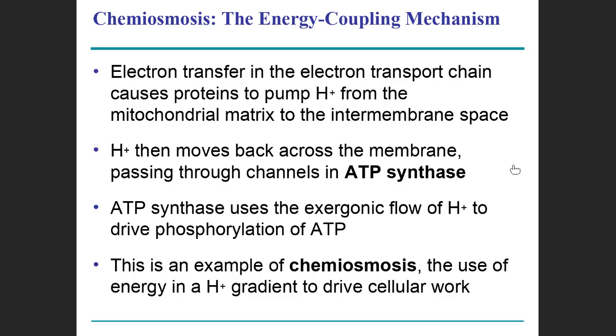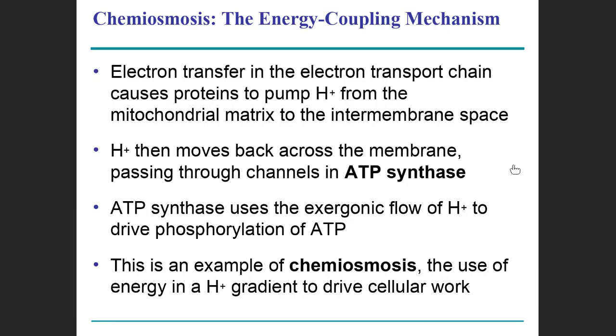So enzymes need to use some kind of energy in order to do things. Normally that energy is ATP. In this case, it cannot be ATP. A cell cannot use ATP to make more ATP here, because there would be no net gain. So there needs to be an alternate form of energy.